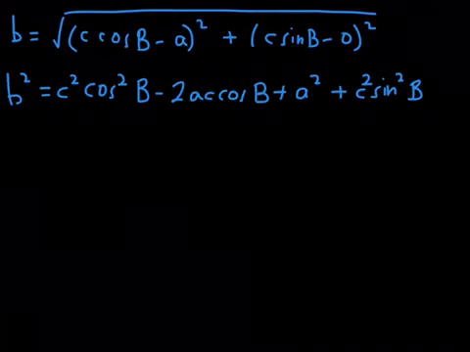Now, what I want you to notice is that this term has cosine squared b, this has sine squared b, and that's a Pythagorean identity.